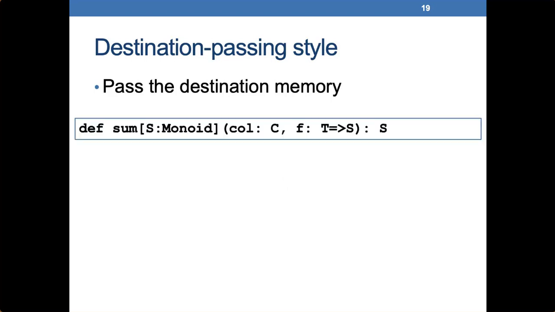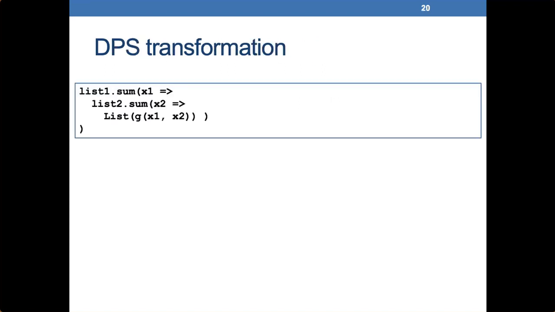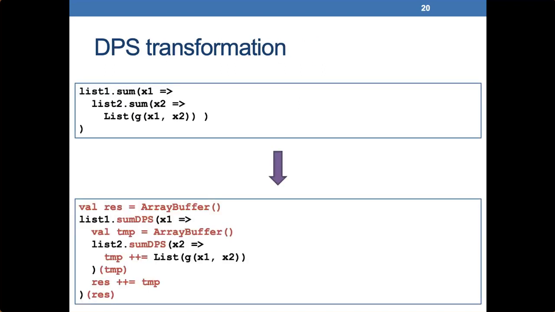So for the summation, we rewrite whatever summation we use in terms of the DPS variant of the summation, where we pass the destination as well.